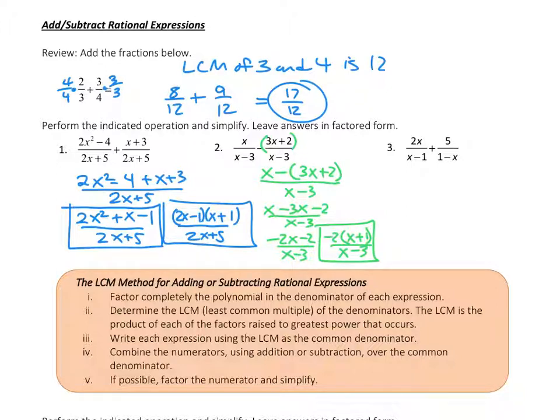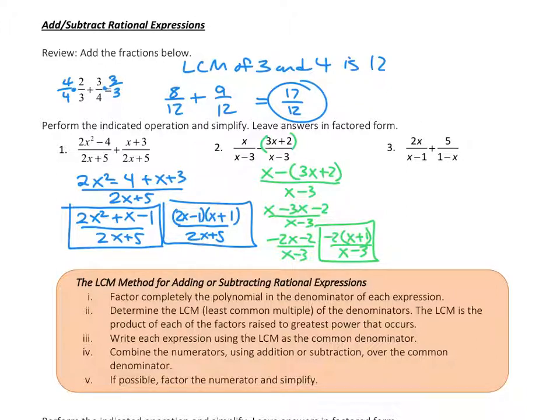Now, in this third example, we almost have common denominators, but not quite. We have an x minus 1 in one, and then in the other, 1 minus x. But if we factor out a negative in that second fraction in the bottom, we can get those to match.